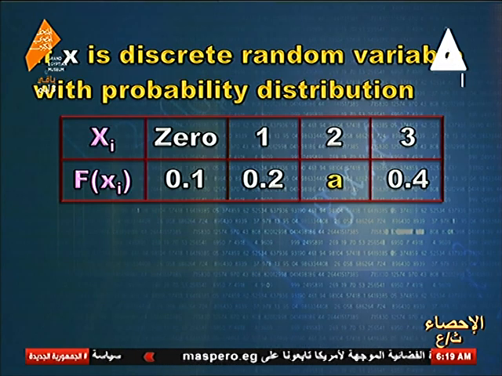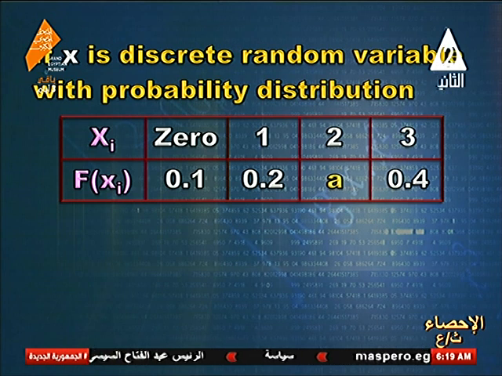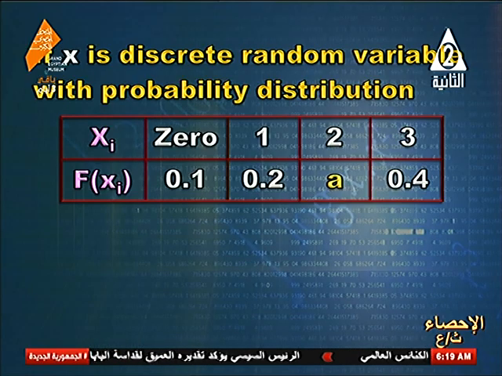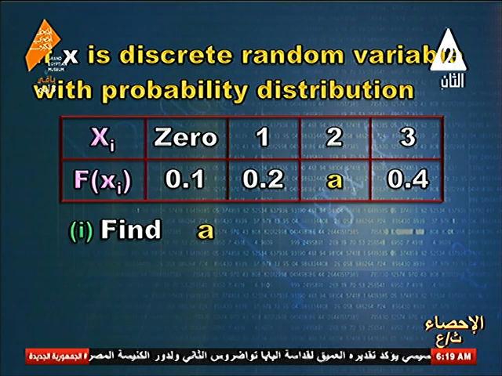We have 0.1, 0.2, 0.4. What is the summation? 0.7. If we subtract 0.7 from 1, the answer is 0.3. Then the value of a is 0.3.